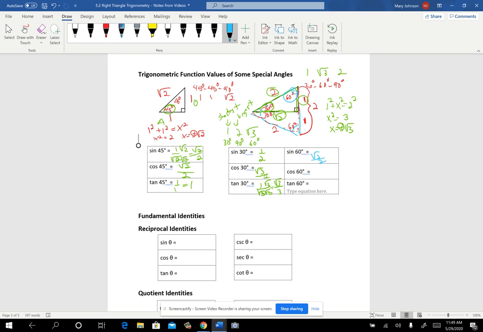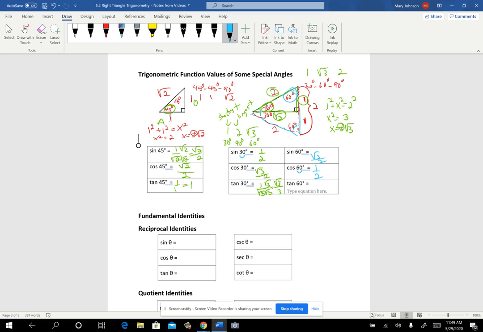When you do cosine of 60, that's the one that gives you 1/2, because you have to do adjacent over hypotenuse. So the adjacent side over the hypotenuse. And it's not a coincidence. See how the sine of 30 and the cosine of 60 turn out to be the same thing? That's always true when you have angles like this that are complements of one another. The sine of one of them is going to equal the cosine of the other.